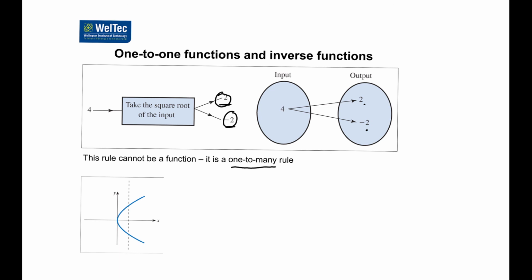If we were to graph this function, take the square root function, have a look at it down at the bottom in the graph down here, you can see that for any x value, it has two y values. So if we could generalize that, we could say that if we applied a vertical line, talk about the vertical line test, it's going to cut the relationship in two places or more.